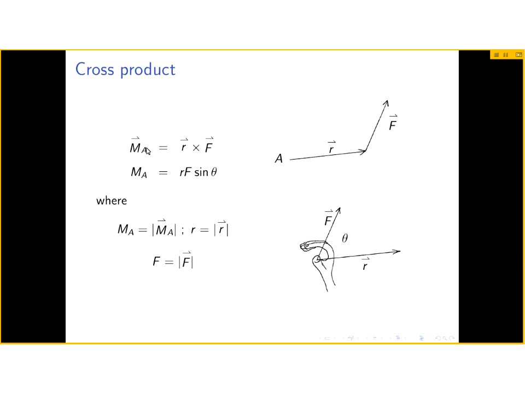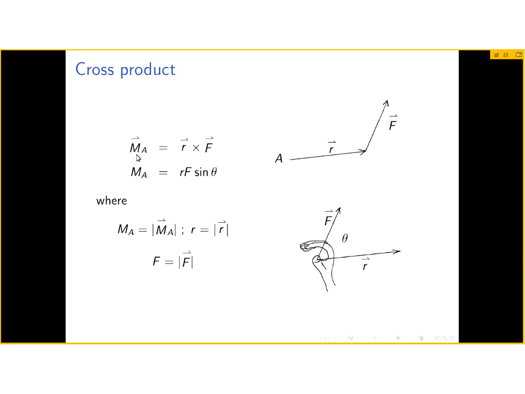The cross product, of course, is a vector also, just like the constituent vectors, and it will have a direction that is, of course, different to both of the vectors R and F. What we do know, though, is that the direction of the cross product is always normal to both of the vectors in the cross product.